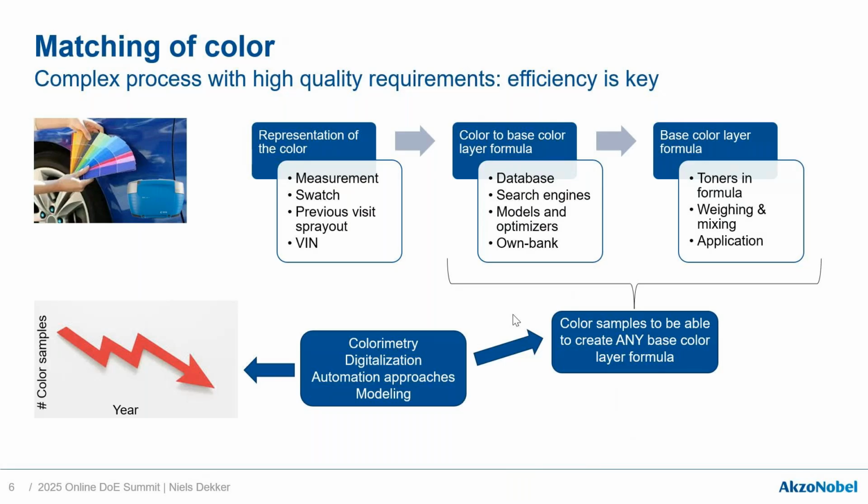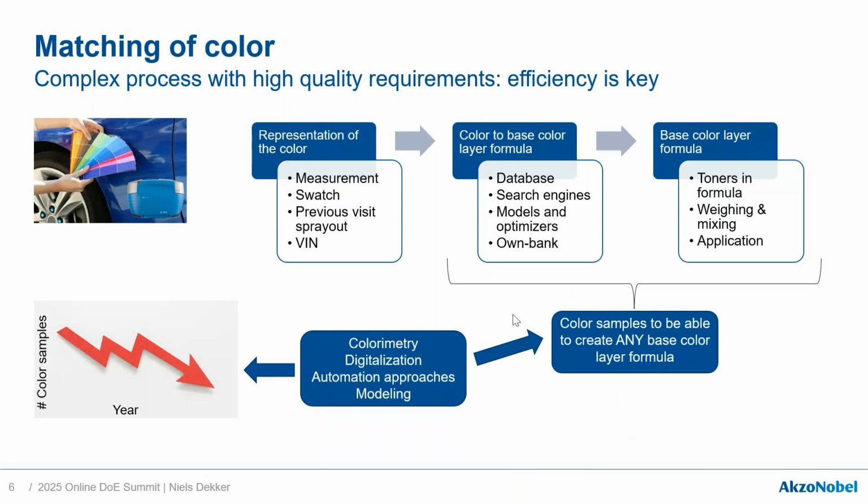And as you can see on the left, over the years we have managed to reduce the number of color samples that we need to put into these tools, the models and the theories. But it still means that you need to create a set of color samples.